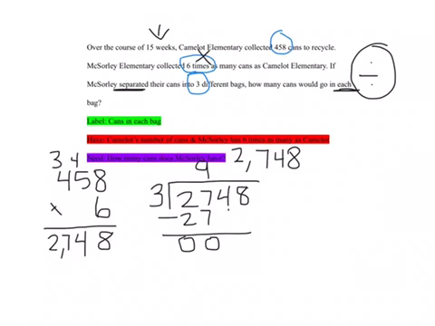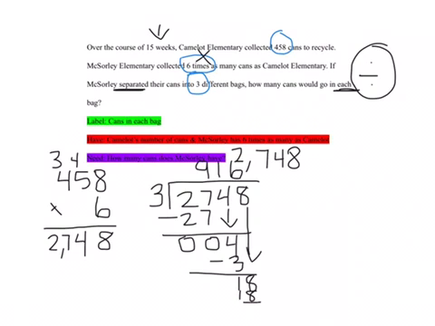Subtract. Bring the 4 down. 3 can fit into 4 one time. 1 times 3 is 3. We have the 1. Bring down the 8. 3 can fit into 18. Six times 3 is 18.